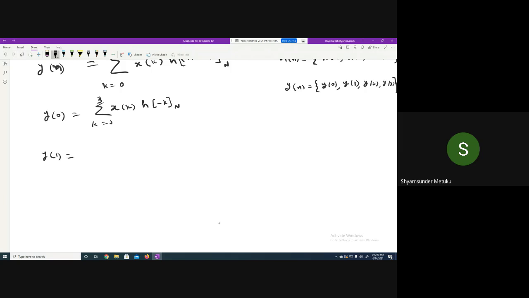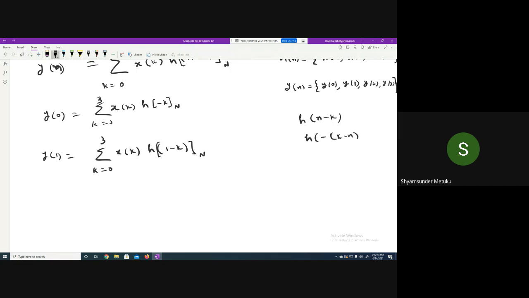Similarly, y of 1, can you tell me what it will be? k equal to 0 to 3, x of k, h of 1 minus k. Is it not? The folded signal is circularly shifted. h of n minus k can be written as h of minus of k minus n, no?